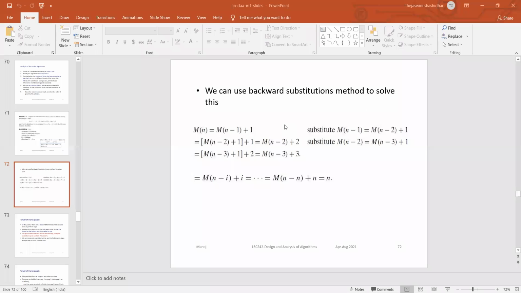Okay, can anybody tell me what the recurrence relation for n factorial is?